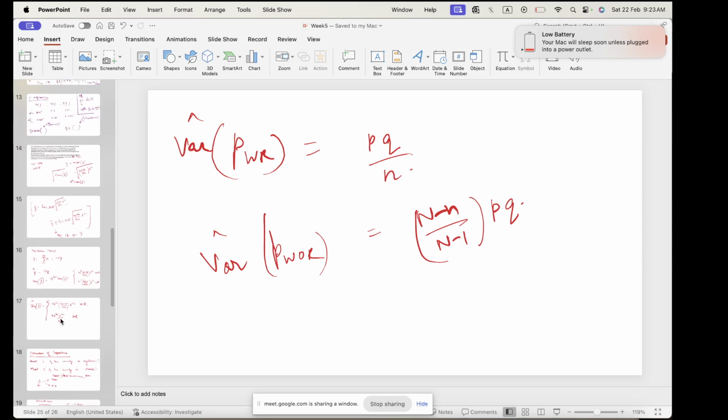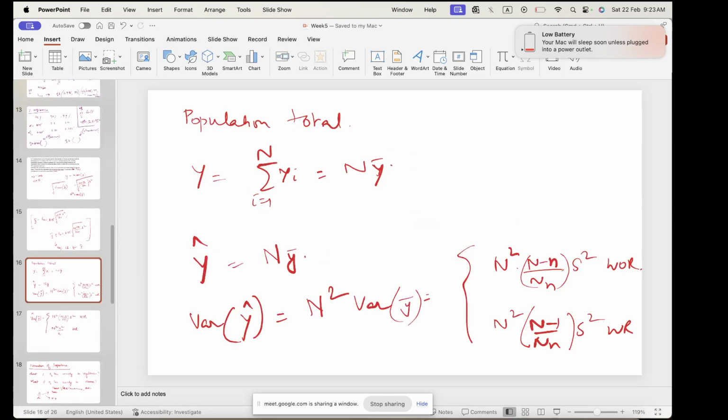And I was also talking about estimation of population total. So far with proportions, or normally, we were estimating the population mean. Now if we want to estimate the population total, then capital Y is actually summation i equal to 1 to capital N yi, that we can write as capital N into y bar.